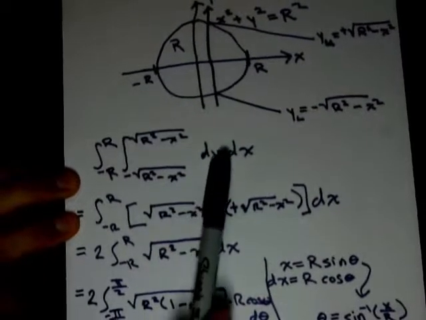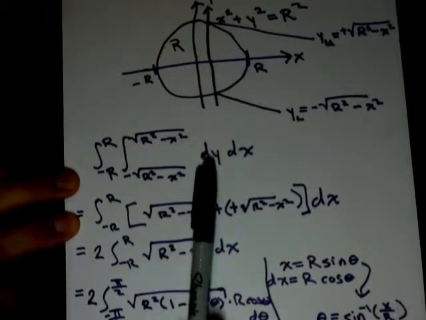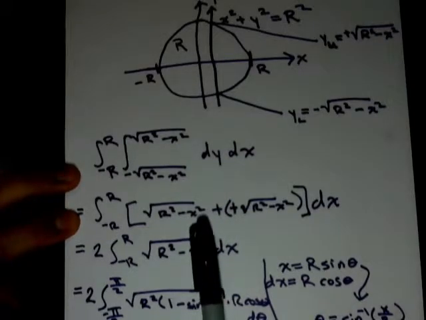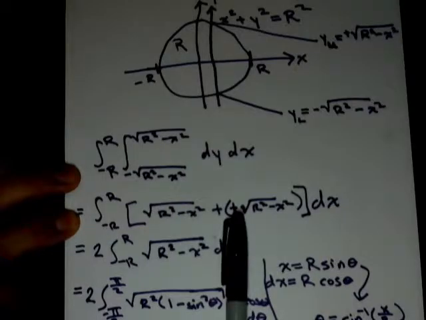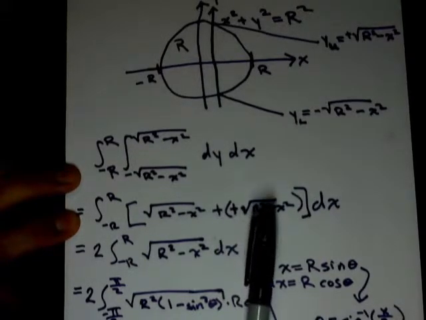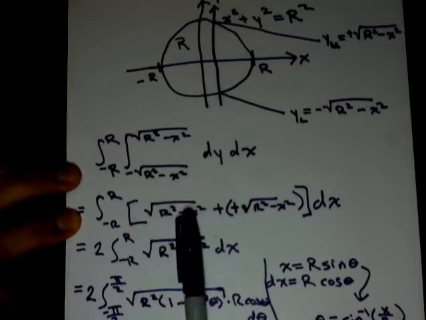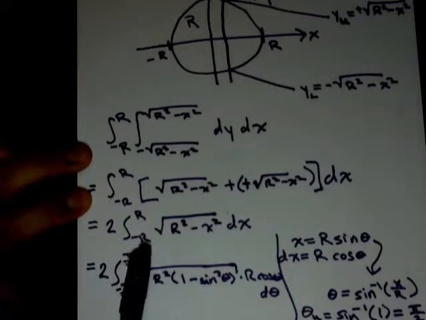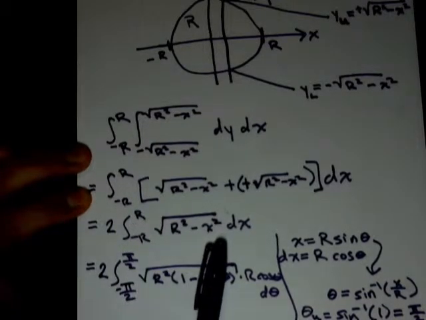Right here, this is easy to integrate because we don't have anything in our integrand, and this dy is going to become a y, and we're just going to subtract our upper and lower limits of integration, which is right here. We have a minus and a minus here, so that becomes a positive. These two are exactly the same, so that's just going to be a factor of 2 times this, which we can factor the 2 out in front of our integral. And we have our lower limit of integration for our x and our upper limit of integration for our x times our integral times dx.